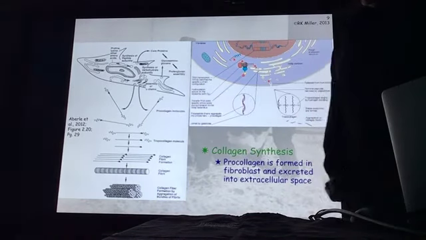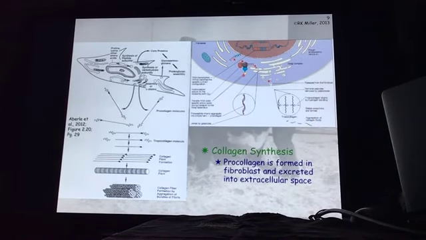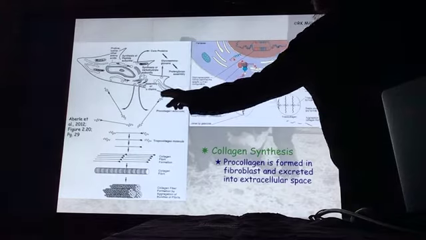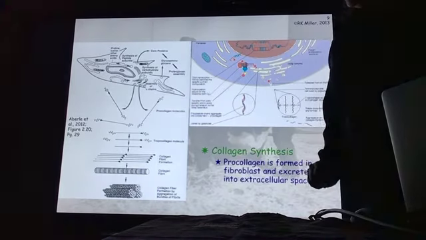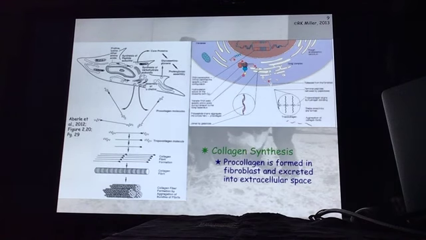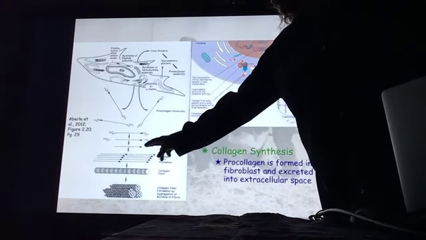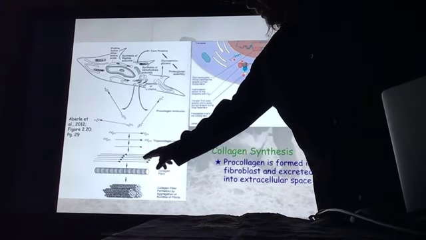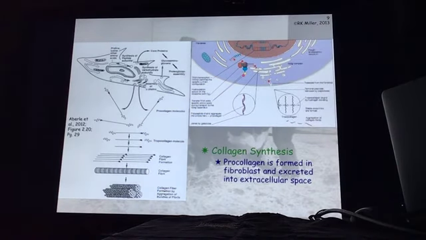And then once the procollagen is in the extracellular matrix, there is an enzyme called collagenase that clips off those alpha chains to make tropocollagen. And the tropocollagen then are the proteins that are placed into the fibril matrix that we've already seen.